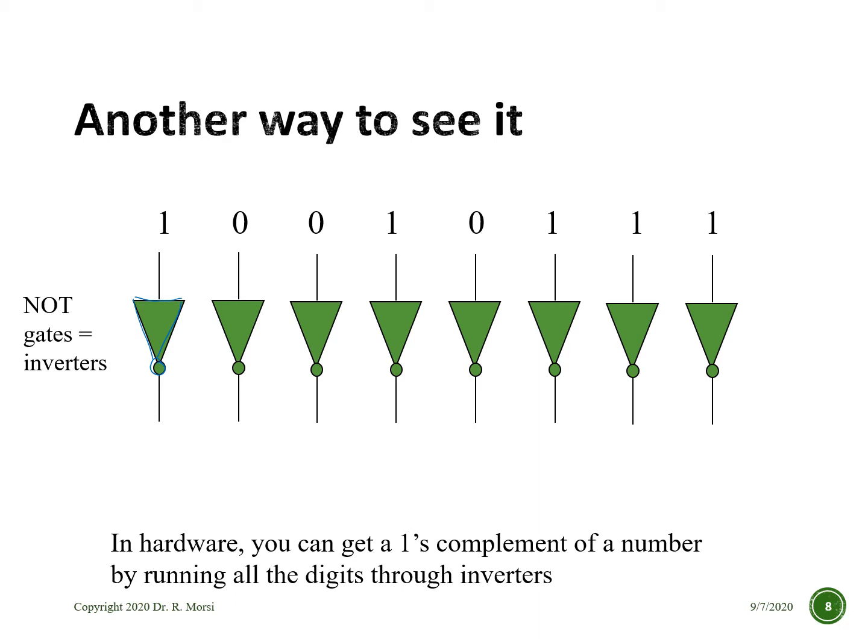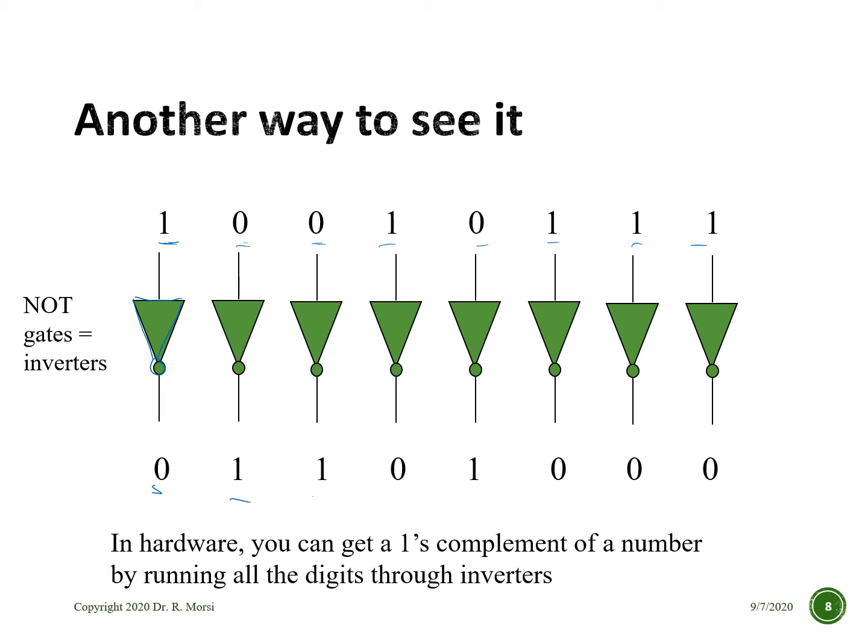So if we put all the 1's and 0's that we have, which is 100101111, that's just another number, and we take each bit into an inverter, then what comes out on the other side is the flip of that. So a 1 comes in and gets inverted to a 0, a 0 gets inverted to a 1.